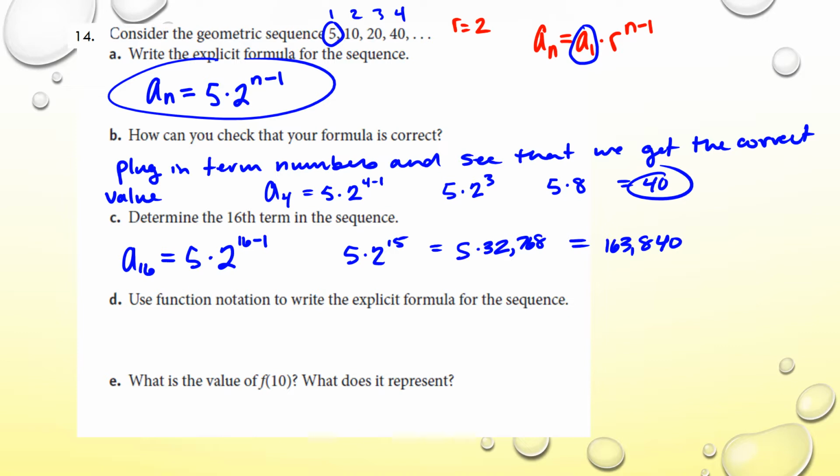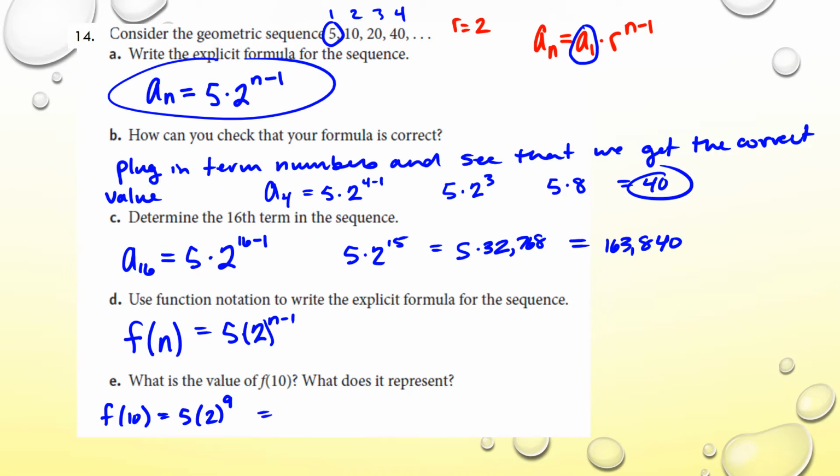Then they want us to use function notation to write the explicit formula for the sequence. So same thing, it's just in function notation. So f of n instead of a sub n would be 5 times the ratio to the power of n minus 1. I think in function notation we usually use parentheses like that. So what is the value of f of 10? If I plug in, f of 10 would be 5 times 2 to the 9th, right? 10 minus 1.